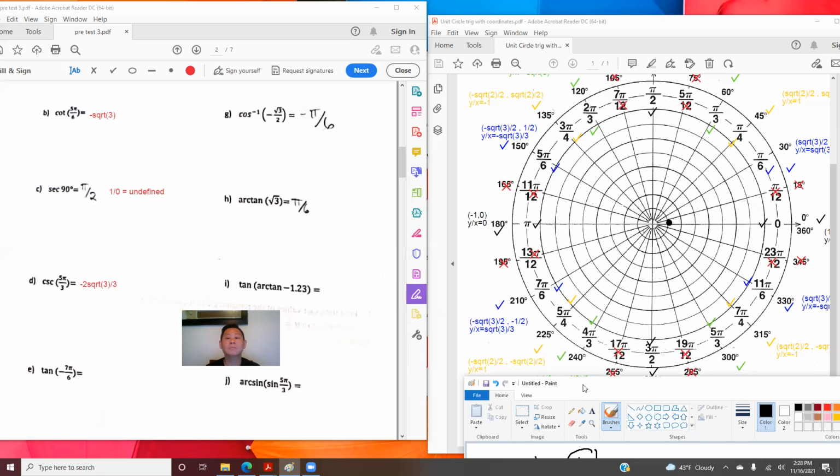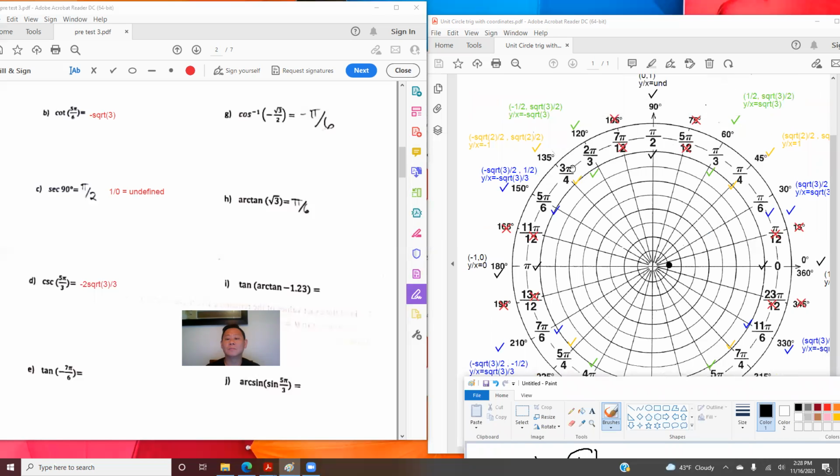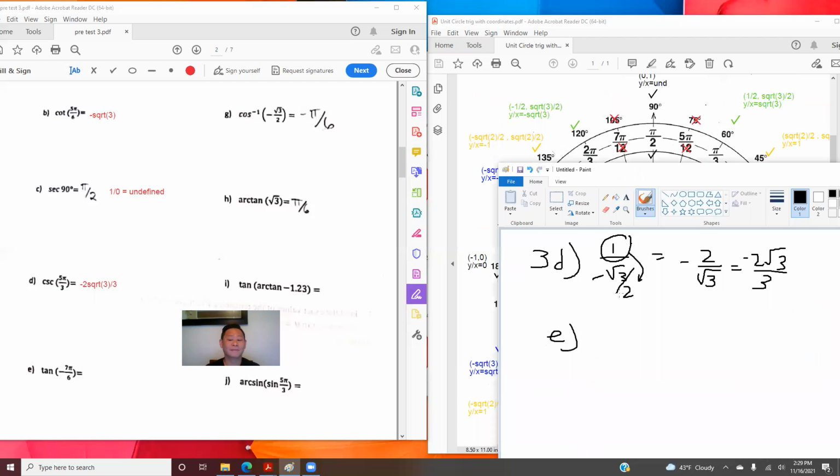In the second quadrant, which corresponds to negative 7 pi over 6? 5 pi over 6. And tangent is what over what? Y over x. Do we have a value for y over x? 1/2 over negative square root 3 over 2. And what do I put underneath that is the y over x? So it would be negative square root 3 over 3.